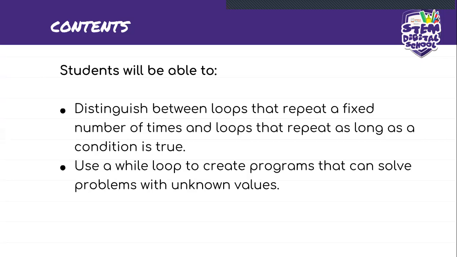So that is what we're going to do today, look at the difference between those two kinds of loops, okay? And then use a while loop to create programs that can solve problems with unknown values. So that is the name of the loop that we're going to use, a while loop. While something is true, that action will keep going until it is finished.